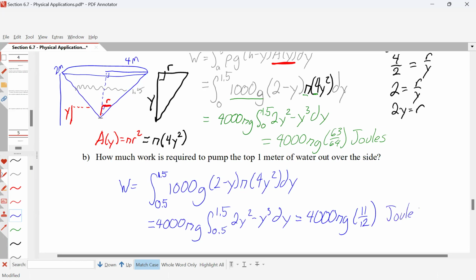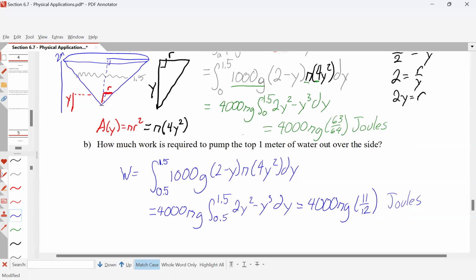And if we actually want to find how much it takes to pump just that 0 to 0.5 out, it would be the difference between those two integrals. And so there is pumping water.